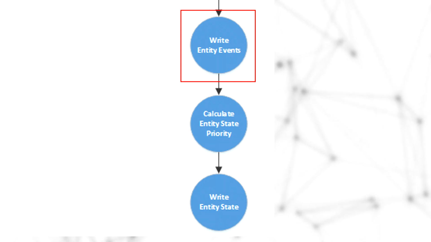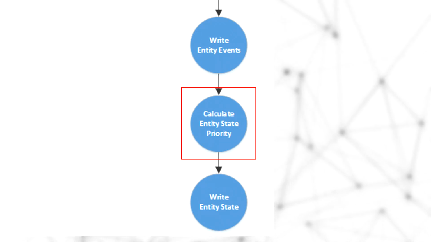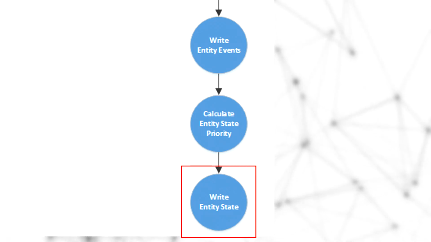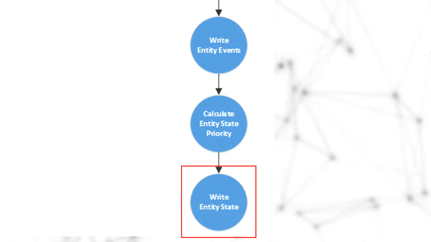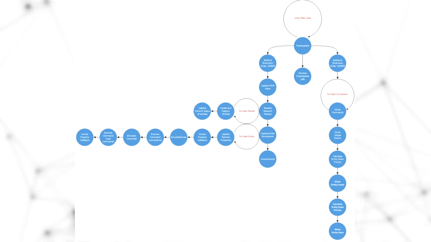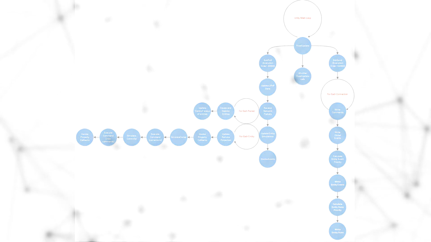Then after this one, we have the calculation of entity state priority. This one is also in the episode about optimization. And so after the calculation, we have the write of the entity state. Bolt send is simply the process of packet creation. Simple as that. And this is all that we wanted to see in this episode.